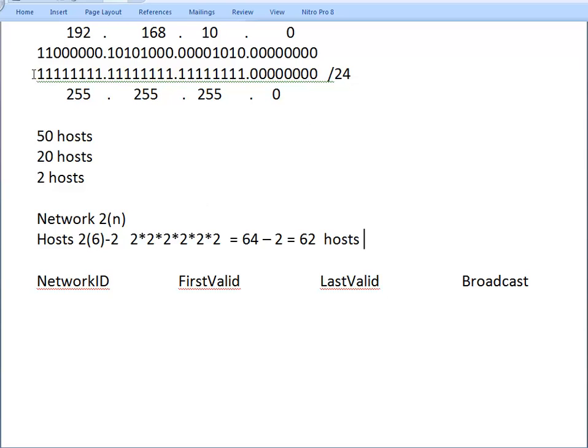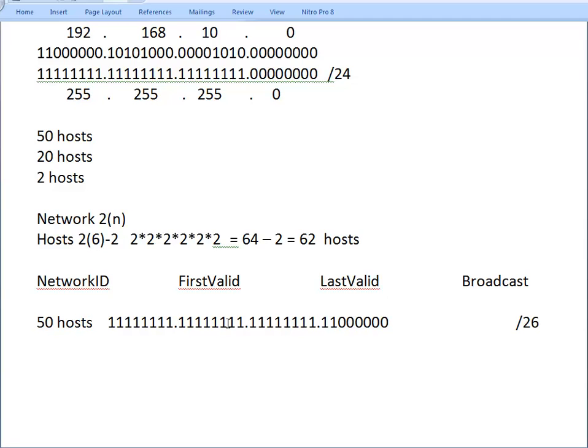Okay, now I'm going to write down the subnet mask here. So this is for 50 hosts. For 50 hosts, we need to reserve 6 zeros. 1, 2, 3, 4, 5, 6. The other 2 zeros, we borrow them and we make them ones. Okay, so it's /26.